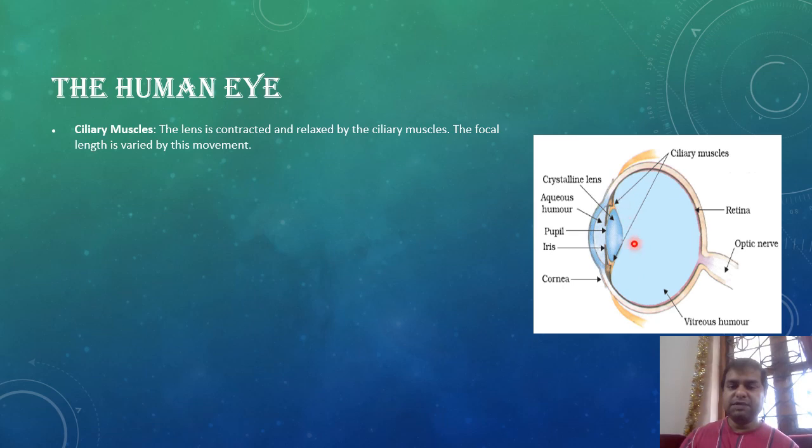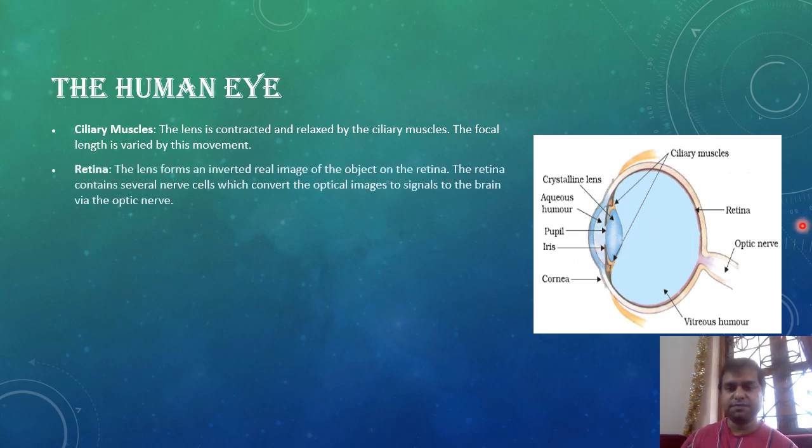Then the ciliary muscles come into play, and they alter the focus point, and in doing so, of course, this alters the focal length of the image that is being formed.